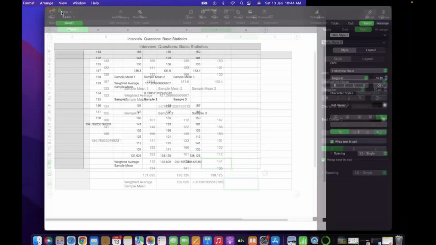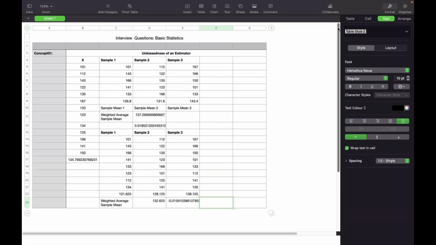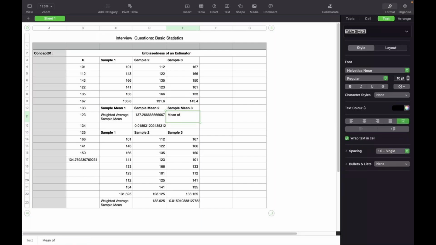So basically, think about this simple example. Over here, you have sampled three times. So what have you done? You have computed three sample means: sample mean one, sample mean two, and sample mean three. And for those sample means, you are computing a weighted average. This weighted average is nothing but the mean of the distribution of the sample mean.